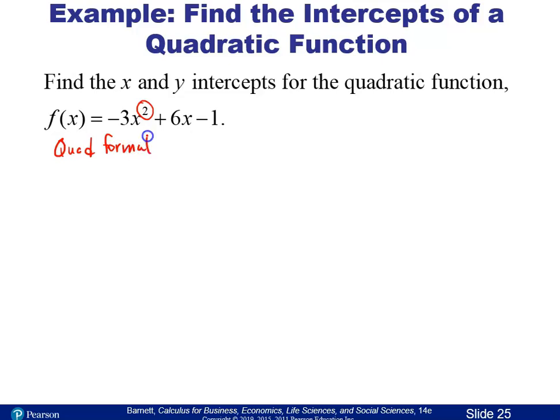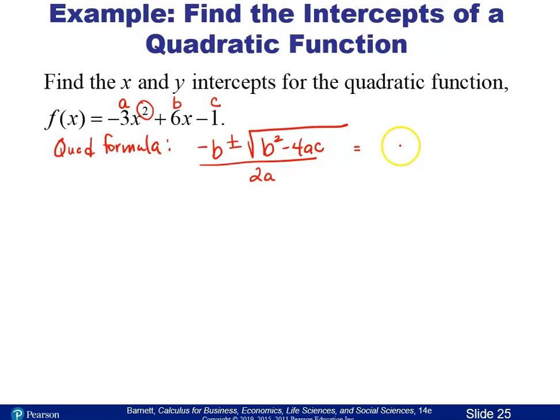Okay, so for the quadratic formula, this is my A, this is my B, and this is my C. Remember to always have it in standard form before you identify the A, B, and C. The quadratic formula tells us it's going to be negative B plus or minus the square root of B squared minus 4AC over 2A.